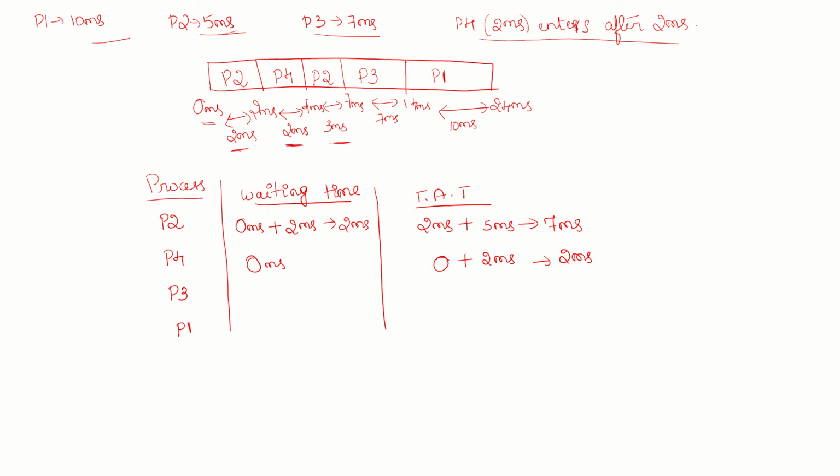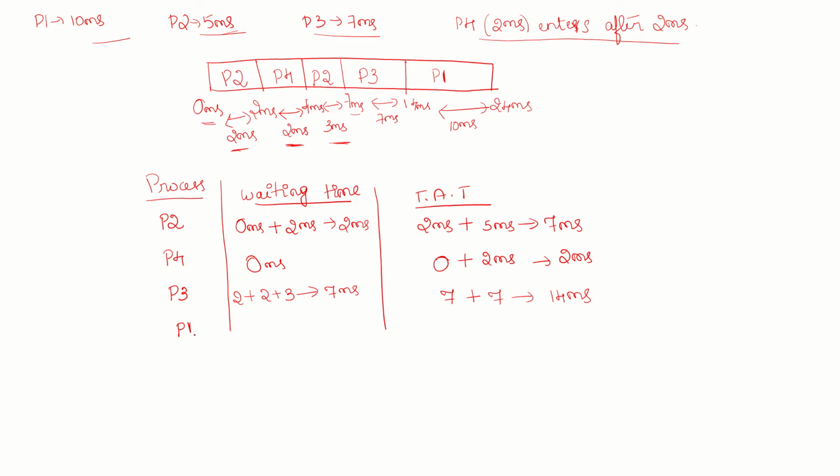So I will write here 2 milliseconds plus 2 milliseconds plus 3 milliseconds. So totally it waited for 7 milliseconds. Now 7 milliseconds waiting time plus 7 milliseconds for its execution, so it is 14 milliseconds.